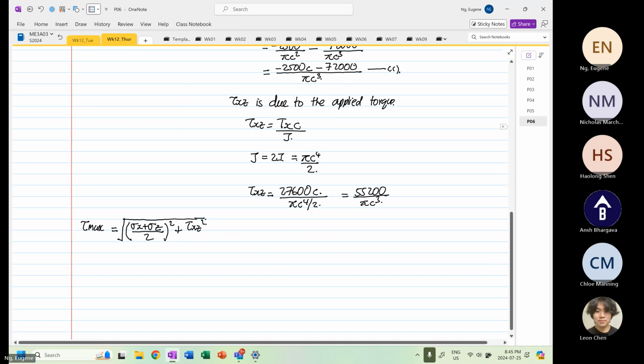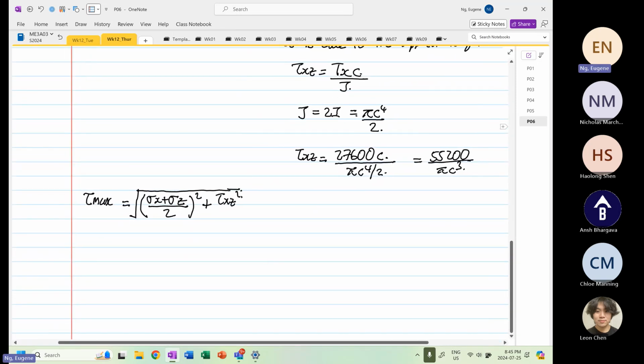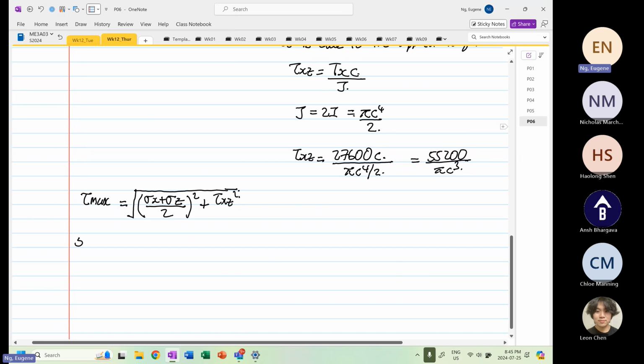We know that one side is 50 times 10 to the power 6. Is it 50 times 10? Yep, it is. So this will be equal to the square root.